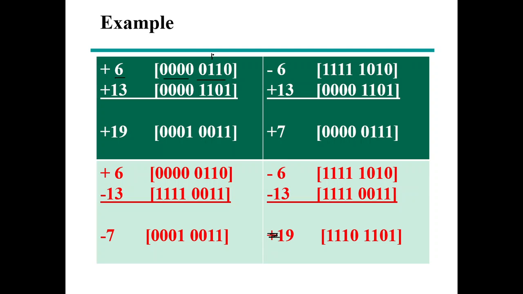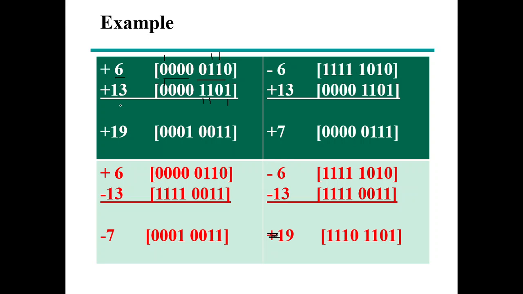All other powers of 2 are zeros. 13 is 8 plus 4 plus 1, and the rest of the bits are 0. The most significant bit is 0 for both these numbers, which means these are positive numbers.